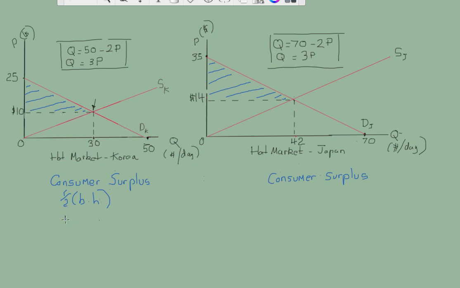So we've got a half times 30 times, and then the height would be 25 minus 10 is 15. So we have 15 here. So that would give us, and you can calculate this if you like, $225. So we got 30 times 15 divided by 2.